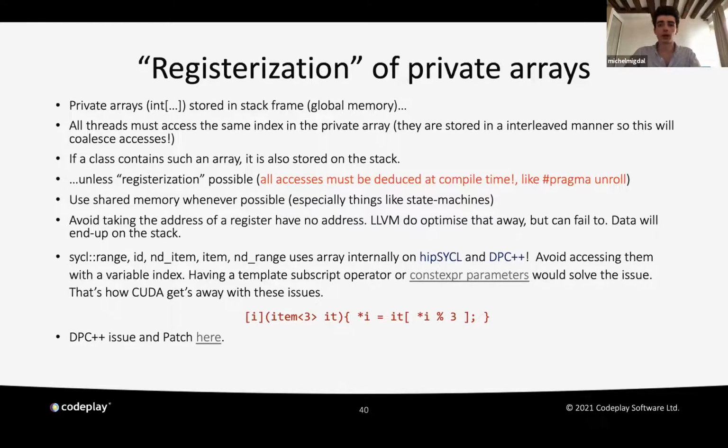And it turns out that SYCL and DPC++ implement SYCL constructs like sycl::id, sycl::range, and even vectors using arrays. That means as soon as you access a range or ID not with a constant integral from 0 to 2 but with something else, your kernel ID will be on the stack. So just to know where you are, you will have to go to the main memory, and it's terribly slow.